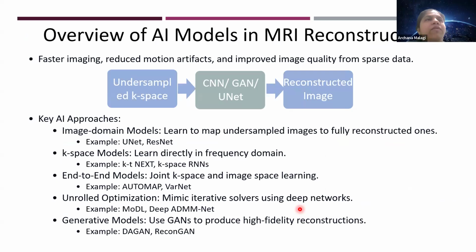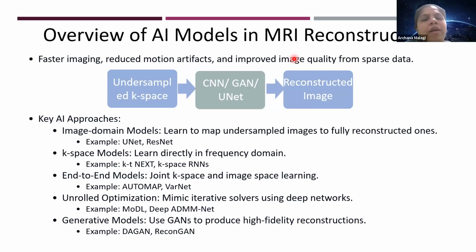So what is the need of the AI model is that we have faster imaging, less artifact, and high quality images. So this is an example flowchart. For example, there are plenty of lines in K-space.